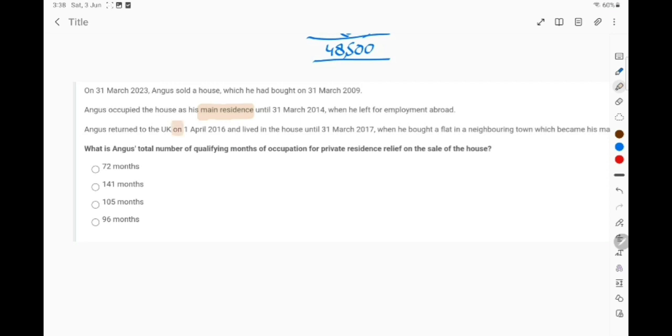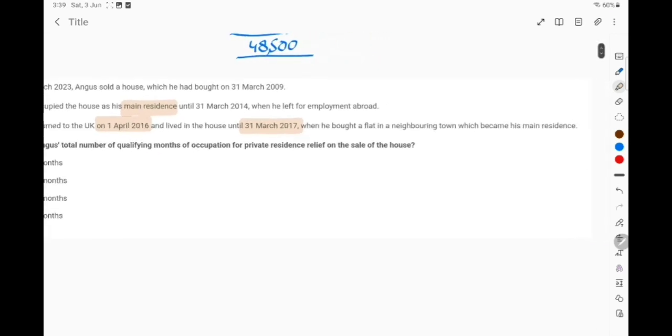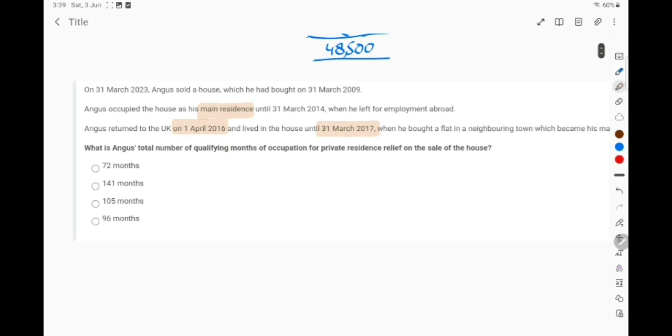Angus returned to the UK on 1st April 16 and lived in the house until 31st March 17 when he bought a flat in a neighbouring town which became his main residence. What is Angus' total number of qualifying months of occupation for private residence relief on the sale of the house?